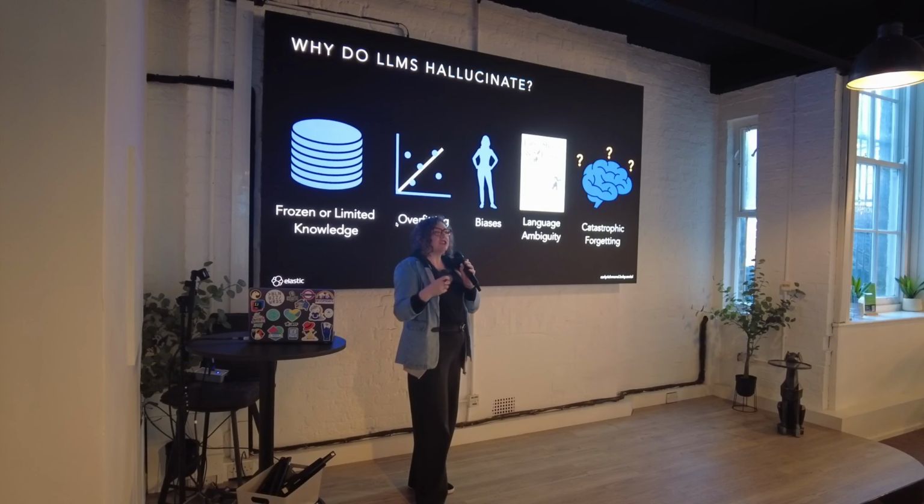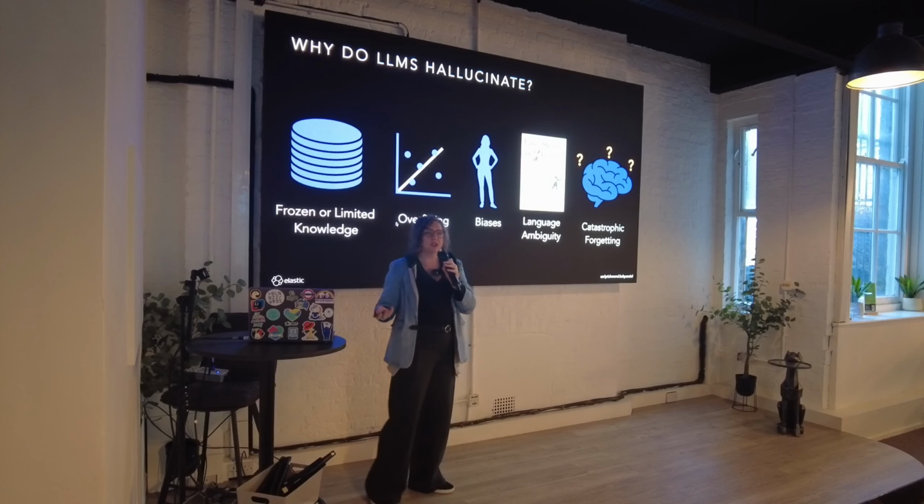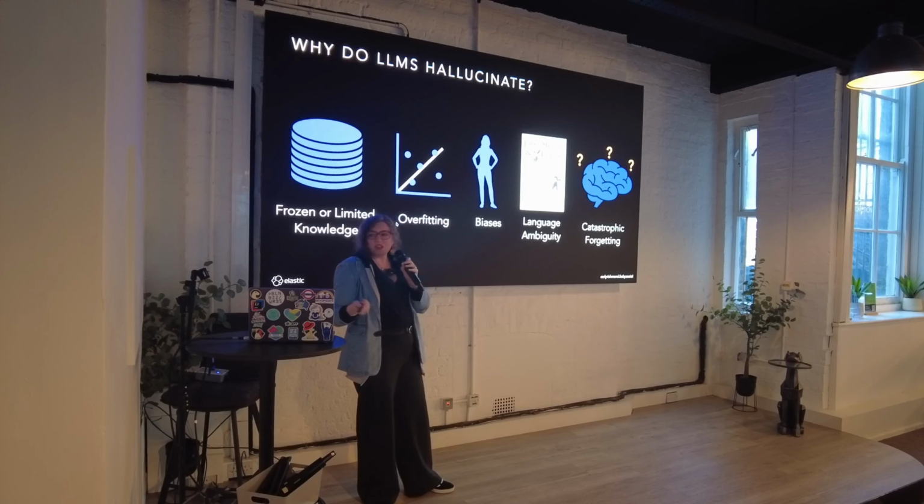If we're using agents to make key decisions, if they're picking up biases based on these attributes, that can land us in a bit of hot water, depending on what it's trying to do. But then there's also language ambiguity and catastrophic forgetting, which is code for the model has a massive brain fart and basically forgets massive realms of its training data, which is a real thing.